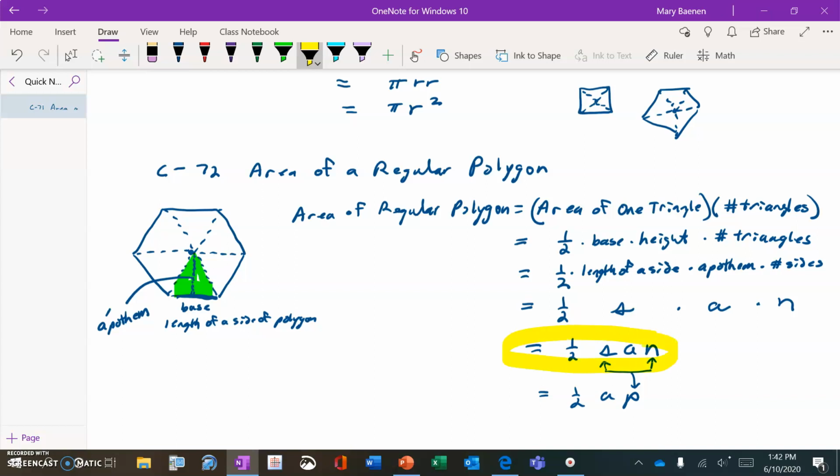I usually use this. But if they are talking about a perimeter, they give you the length of the perimeter, well, then definitely use that form of the formula. So those are the 2 formulas that we were going to do today, the area of a circle and the area of a regular polygon.